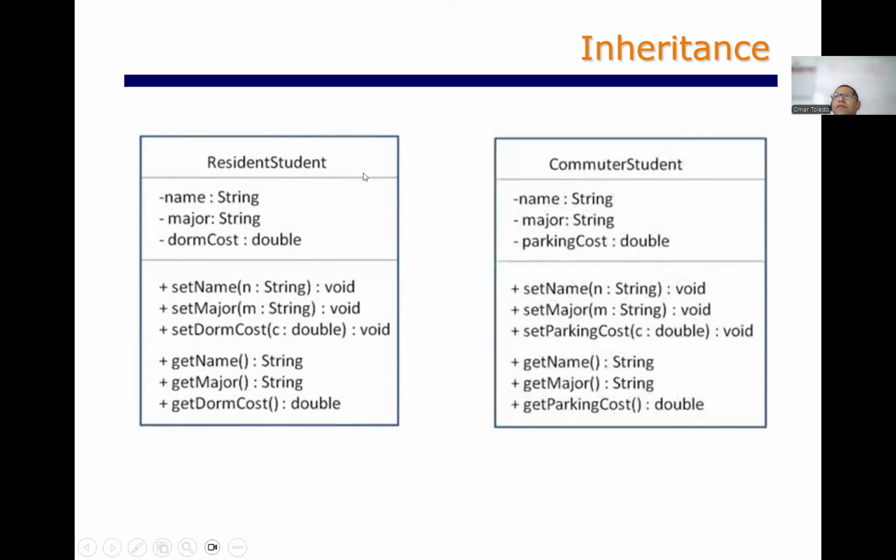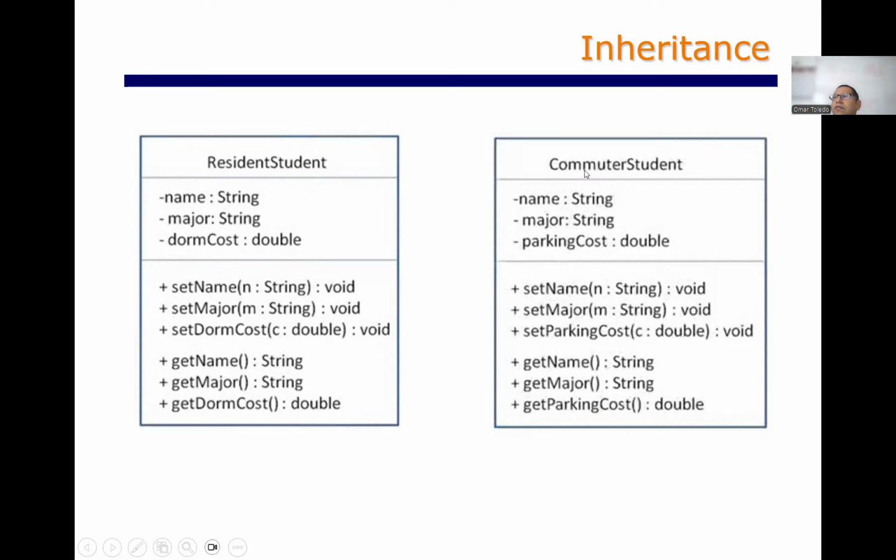Analyze these classes. Resident student, commuter student, both have name, both have major, and resident student, since they are students that live on campus, they have the attribute dorm cost. Float, double. And commuter students have name and major as well.